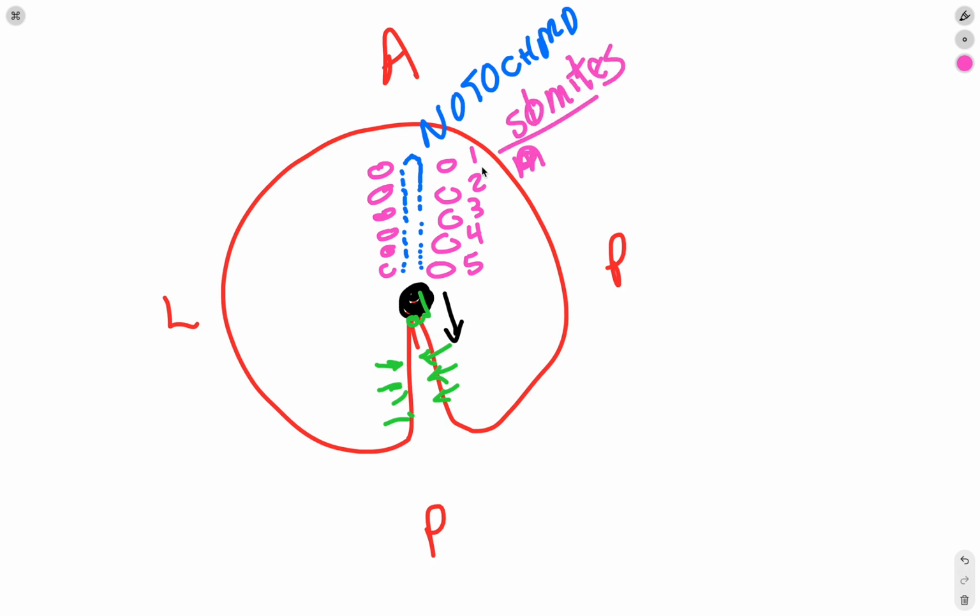So those are the somites, left and right side, and they're going to form the bones and the muscles and other parts of the mesoderm. And then flanking them, we have the lateral plate mesoderm. And that's going to start to form a hollow along the trunk area to form the somatic cavity. So that's what that looks like.